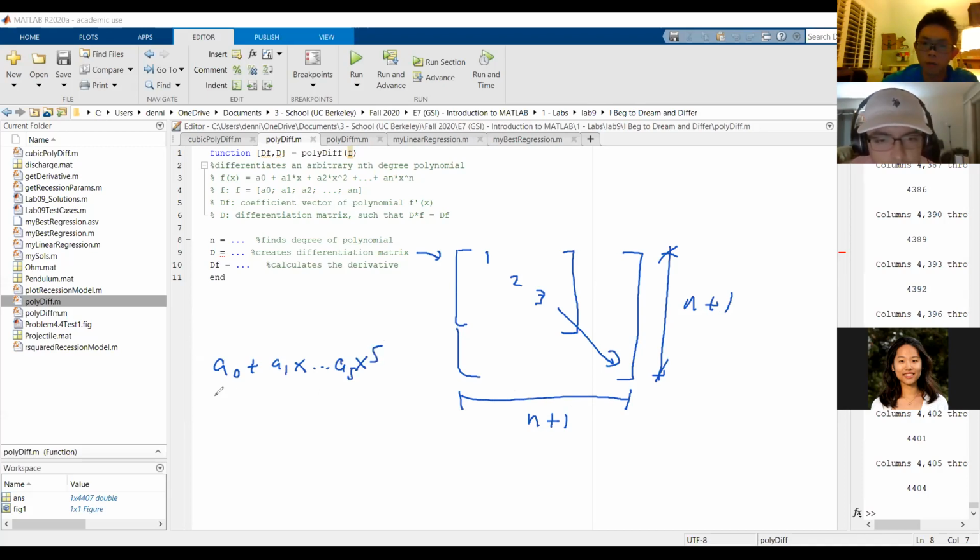So there's going to be 6 of these coefficients that we'll need to worry about. So it'll be a 6 by 6 matrix, just for example. And you'll want to be able to code this matrix based on the degree of the polynomial.